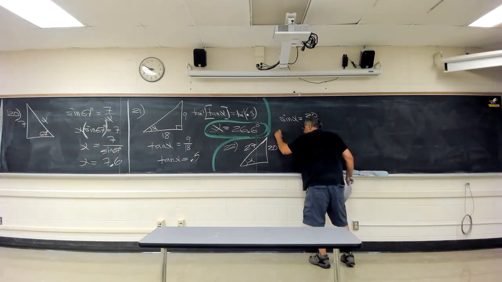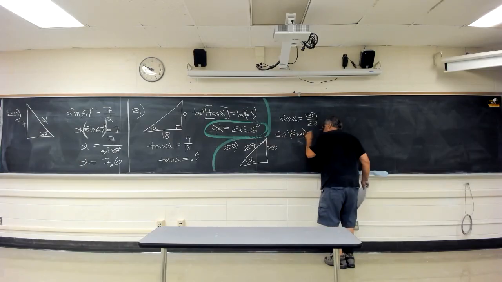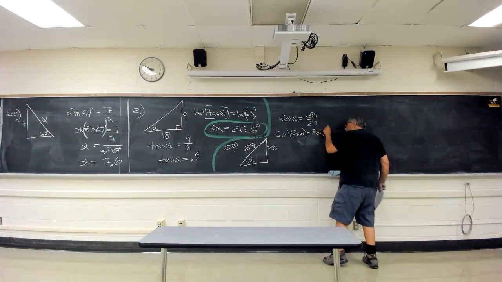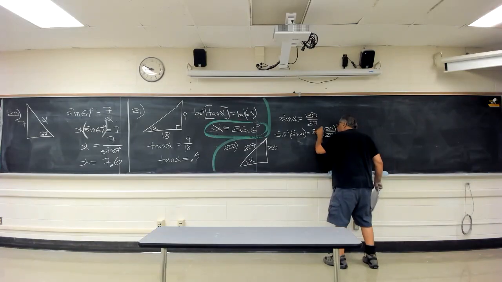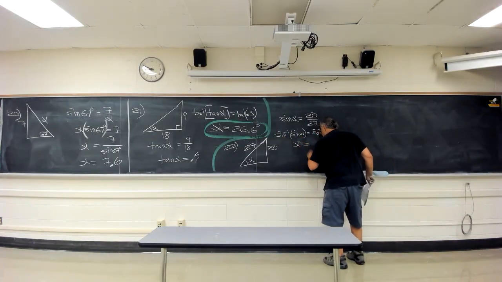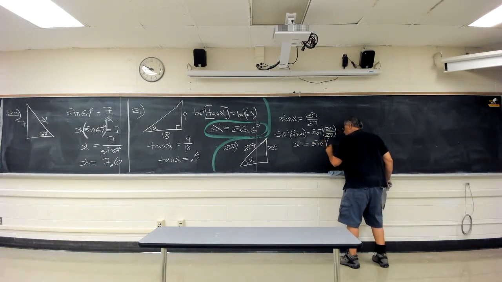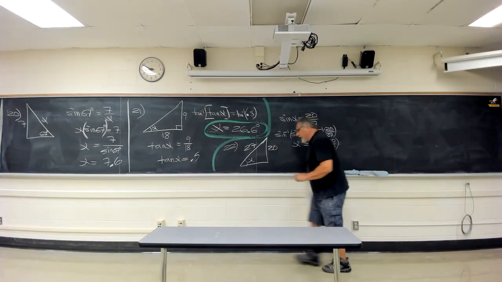If you do the inverse sine on each side, I'm going to have to do something on the calculator with 20 over 27, but that's all right. Inverse sine on each side. The inverse sine of the sine of x gets you back to where you started. The inverse sine of this is going to get us there. I'm going to go 20 divided by 27, then I'm going to get the inverse sine.